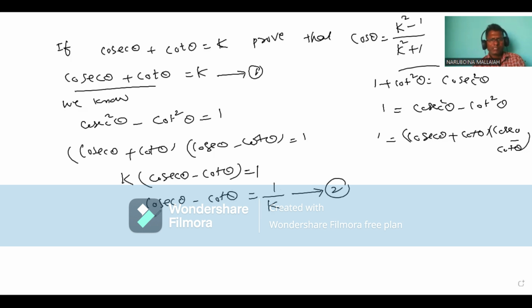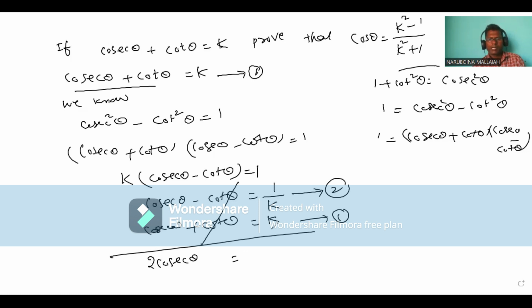I am writing the first equation here: cosecant theta plus cot theta is equal to k. This is the first equation. Here by adding, minus cot theta plus cot theta gets cancelled. Cosecant theta, this is 2 cosecant theta. We have to add these two, that is k plus 1 by k.